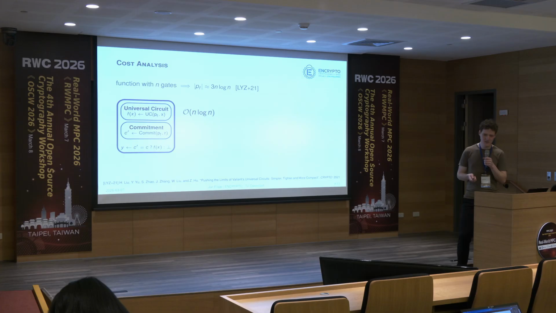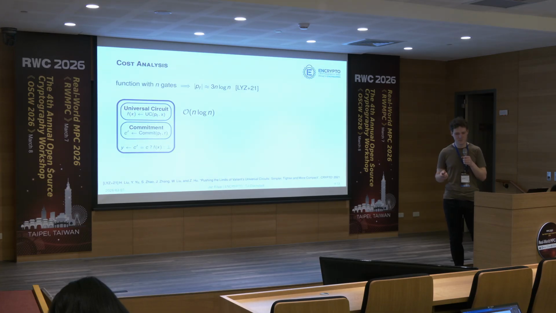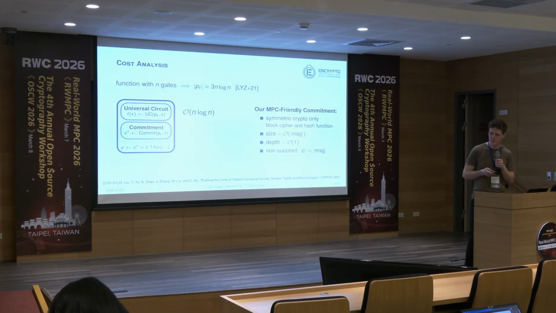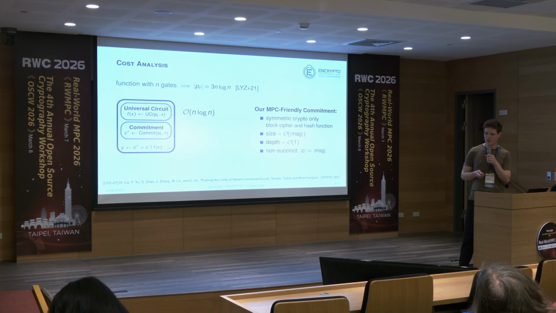And for the commitment scheme, we need some MPC-friendly commitment scheme, as traditional schemes require also heavy algebraic structures, for example. So we came up with our own commitment scheme that is supposed to be MPC-friendly, meaning that it's only based on symmetric crypto. It uses a block cipher and a hash function.